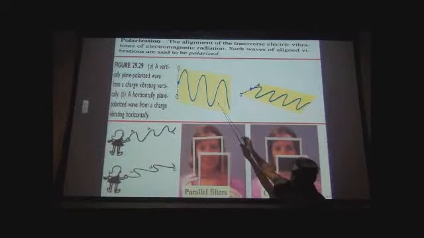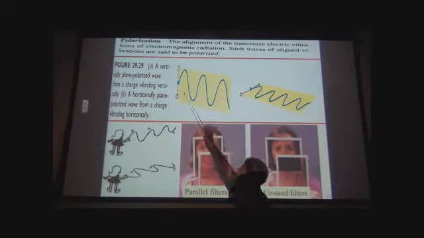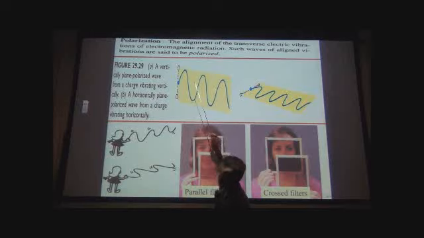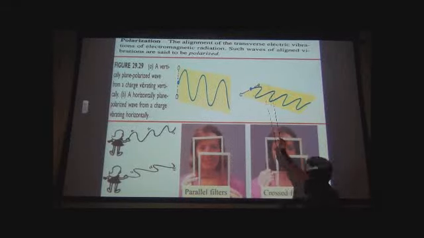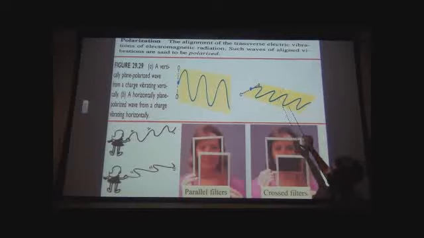So this is a vertically polarized electric wave, which is always hooked up with a horizontally polarized magnetic wave. But when we're thinking of polarization, we're just speaking of the electric wave to make things simpler. So this is vertically polarized, and this is a light wave because the frequency is in the light regime. This is a horizontally polarized light wave.